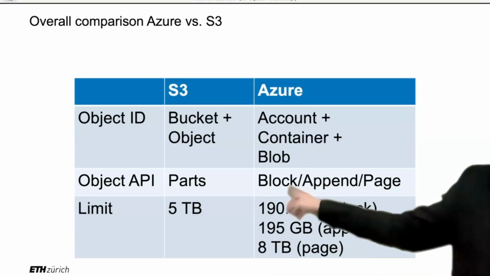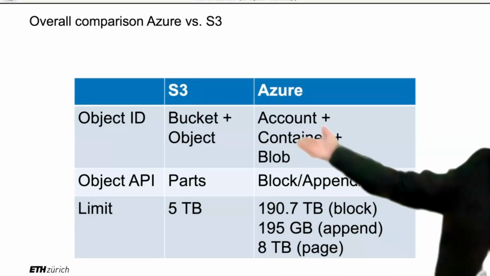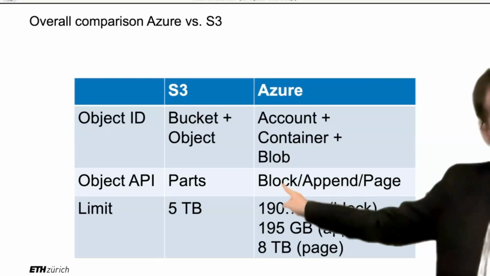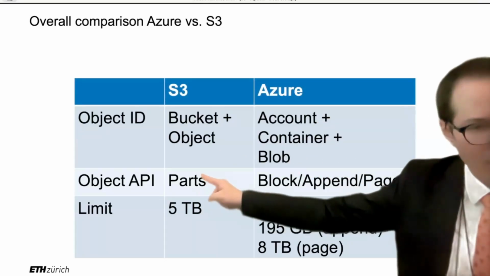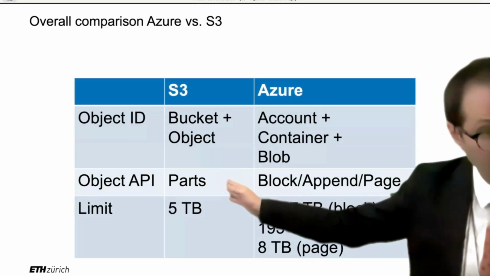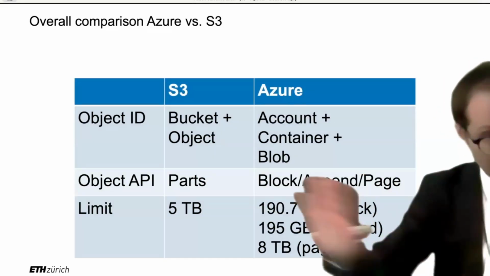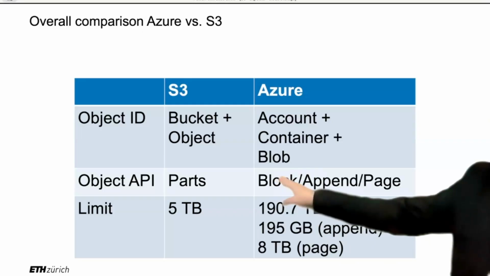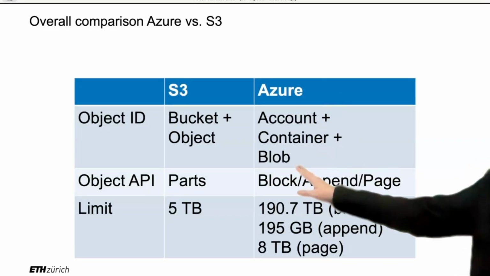So this is why I'm saying they went an extra mile, and they are almost a distributed file system in the sense of what we'll see next week, right? And again, in S3, the parts are not the same because it's only for uploading. It's only for uploading that you can cut it into parts, but once it's uploaded, there is no more notion of part. For whom is that clear? All right. So just so you know that, and the blocks, don't worry, we'll see next week what the blocks are about.